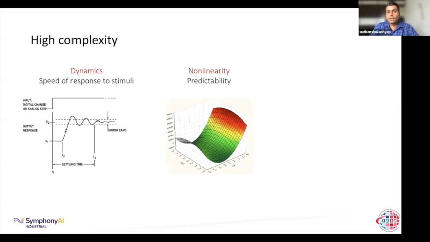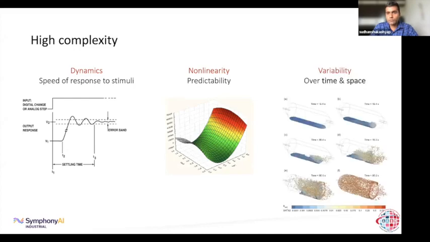And then non-linearity. Most of these mass transfer and heat transfer problems we work on in chemical engineering are highly non-linear, so that needs to be modeled such that we could predict it and simulate those situations. And of course variability, which is always there in both time and space, so that also needs to be modeled together.